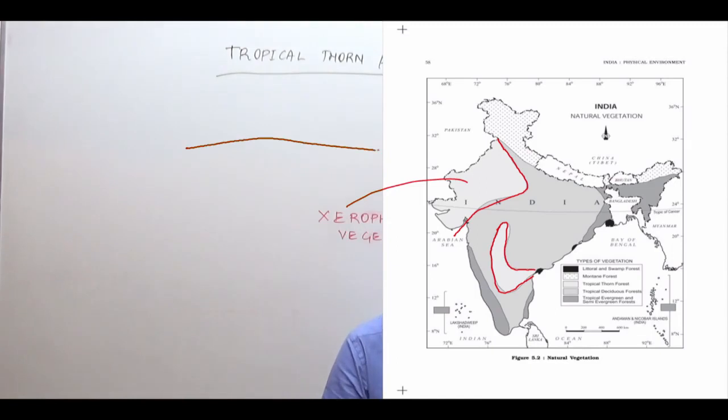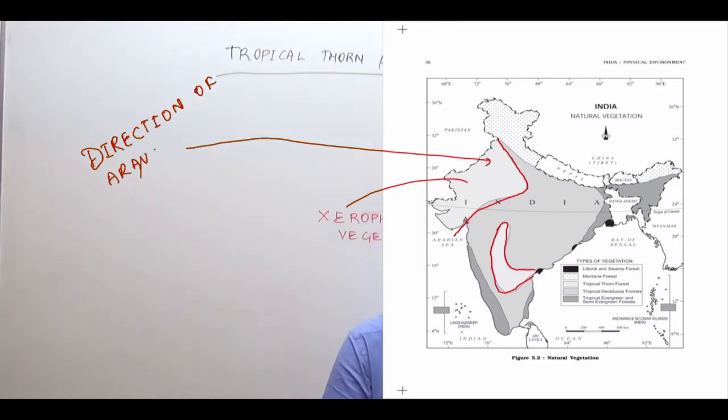Why here? Because all these are regions of xerophytic vegetation. Now, if I ask you why xerophytic vegetation in this region, it is because of the direction of the Aravalis. And why xerophytic vegetation in this region?